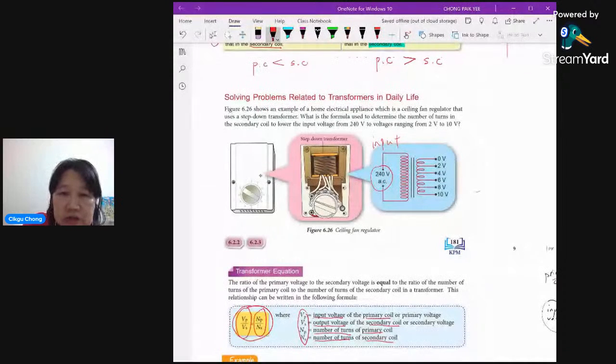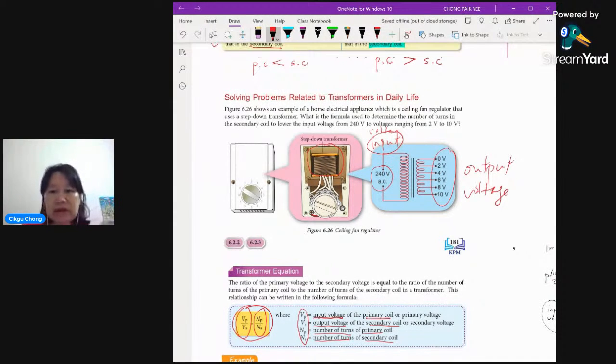So it's either 2, 4, 6, 8, or 10 volts. If you want the fan to be slower, you turn to maybe 2 volts. If you want the fan to go faster, you convert it to 10 volts. So this is the input voltage here, and this side is the output. So they will have a transformer inside that regulator. Okay, output voltage.